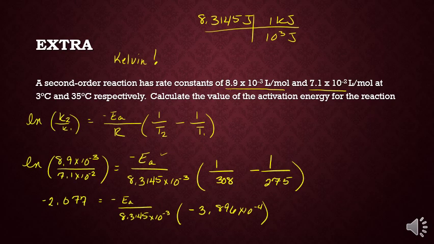And just so you know, this sign in front of E sub A, I just double checked. Take that out of there. Okay, that's much better. Now that we've done that, we end up with negative 2.077 equals negative 0.0469 E sub A. And so our activation energy will equal 44 kilojoules.